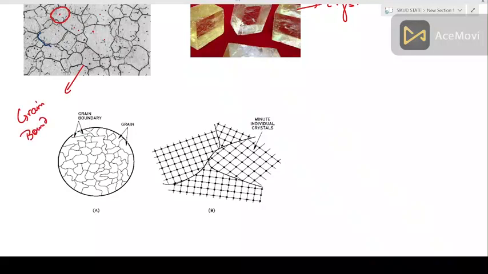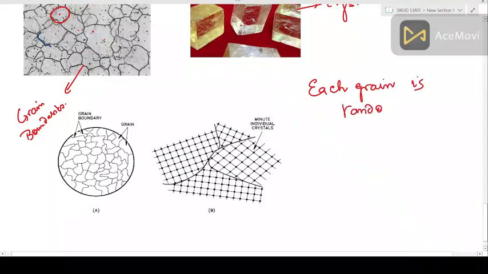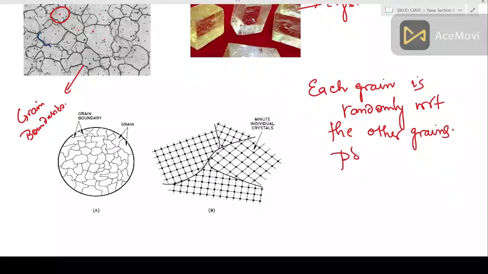A grain contains many crystallites that are arranged in a random order, and each grain is randomly oriented with respect to the neighboring grains. This is the condition for a polycrystalline solid.